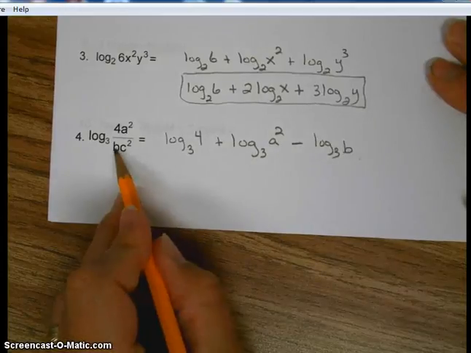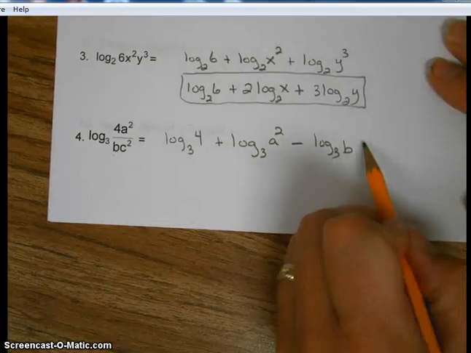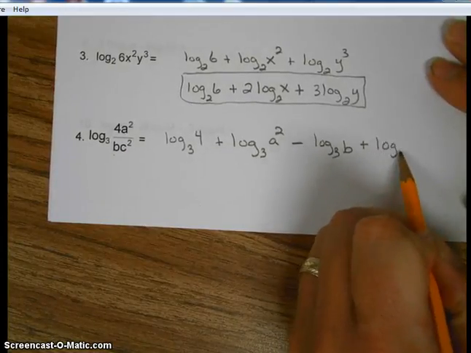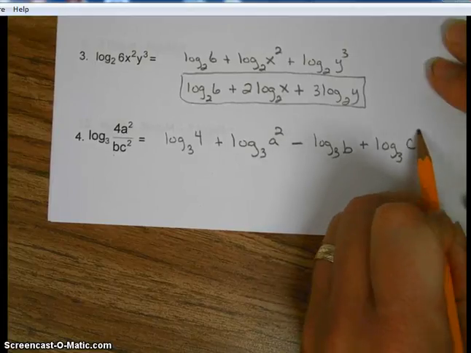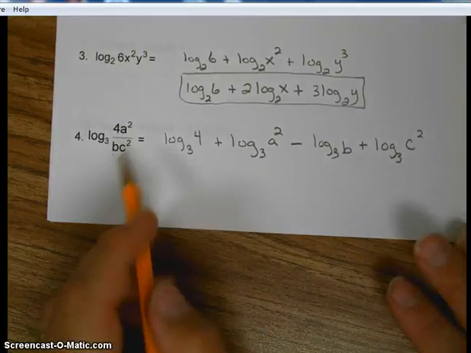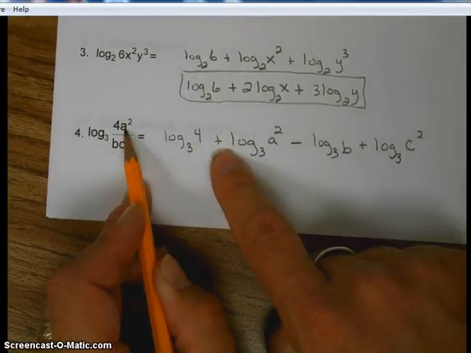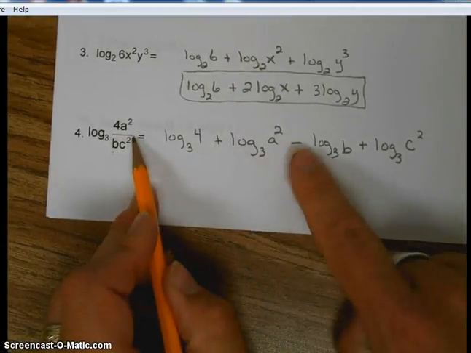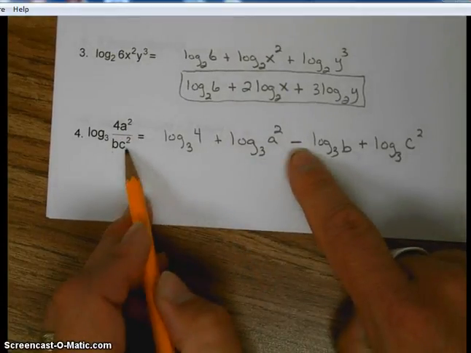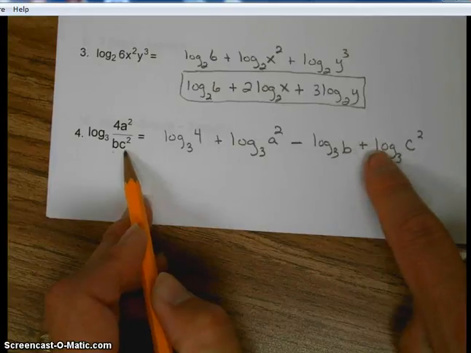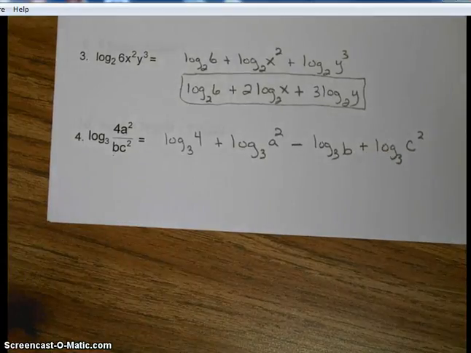This is multiplication, plus log base 3 of c squared. So again, multiply is add, divide is subtract, multiply is add.